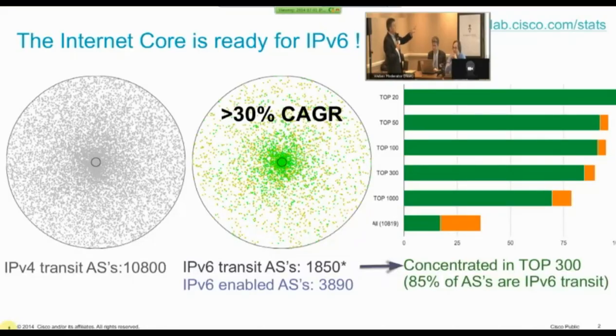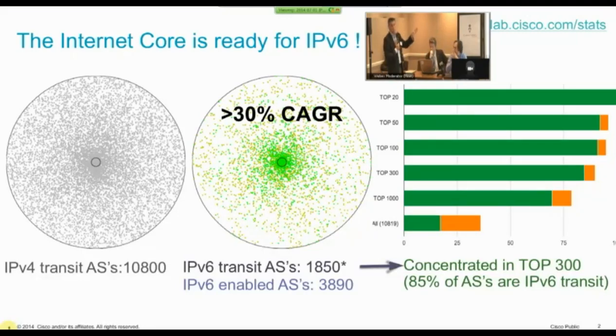But basically, what we're doing here is that we are showing all the transit ASs on the internet. There are 10,819, I think, as of yesterday, in fact, because we update that at 3 p.m. every day.